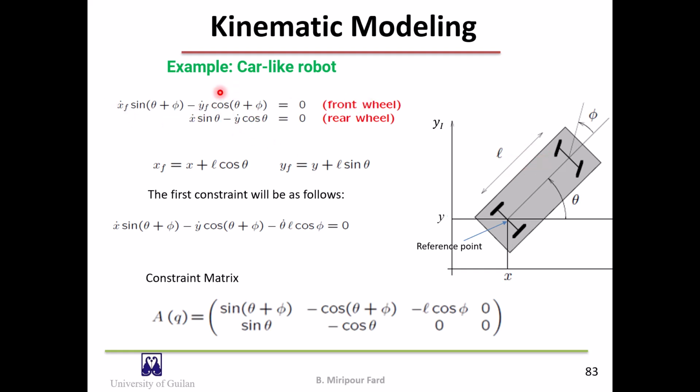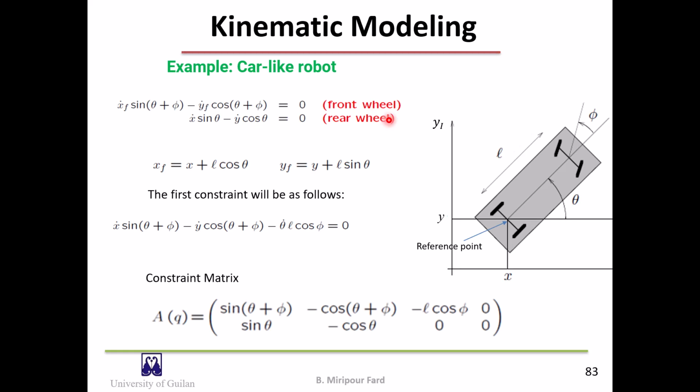For the front wheel, we can write x dot f times sine of theta plus phi minus y dot f times cosine of theta plus phi equals 0, where xf and yf denote the position of this point.